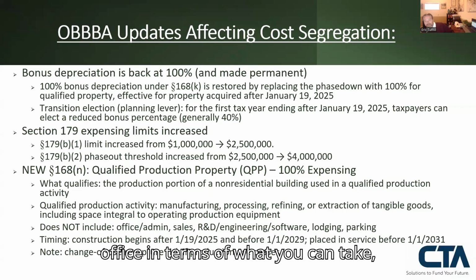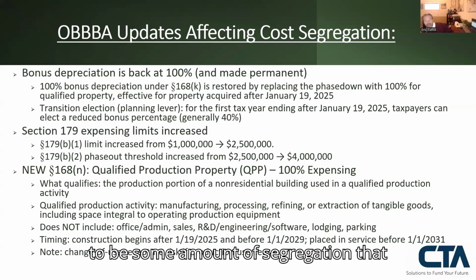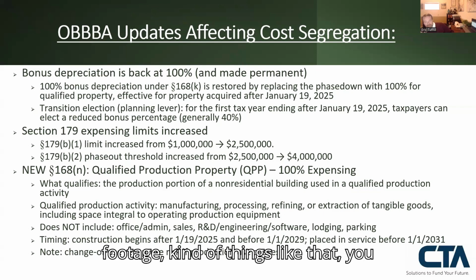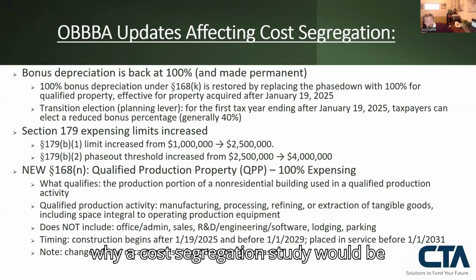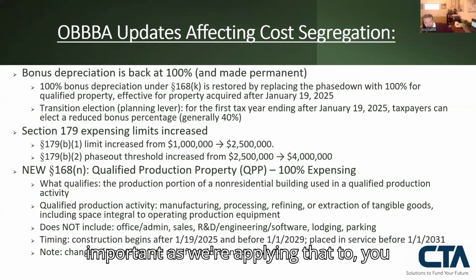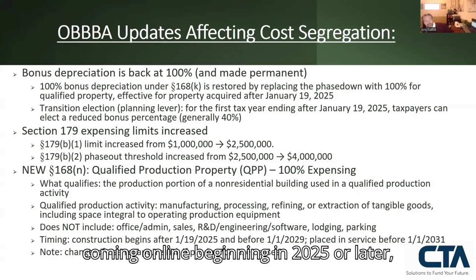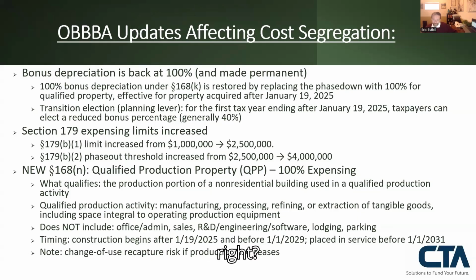And then the front office, in terms of what you can take, what you can't take. So there will have to be some amount of segregation that needs to go on. Maybe that's square footage, kind of things like that. So it's yet another reason why a cost segregation study would be important as we're applying that to new manufacturing, new things coming online beginning in 2025 or later, right?